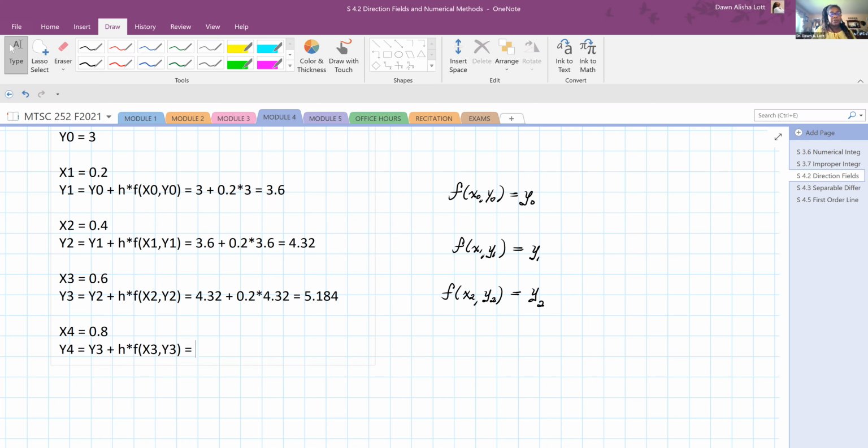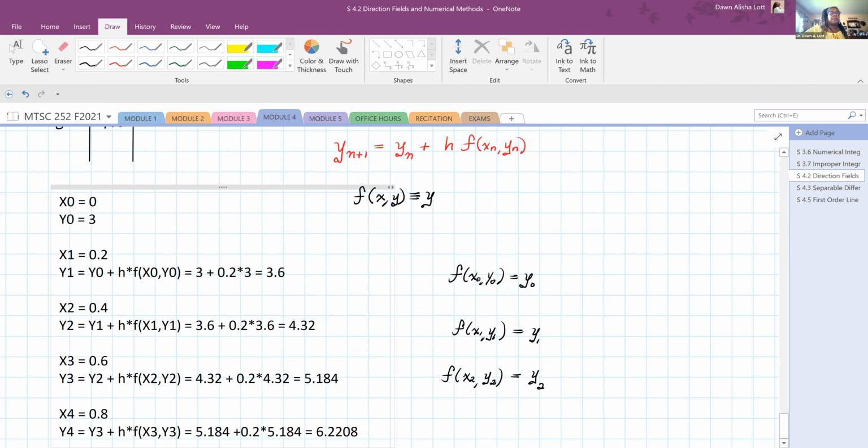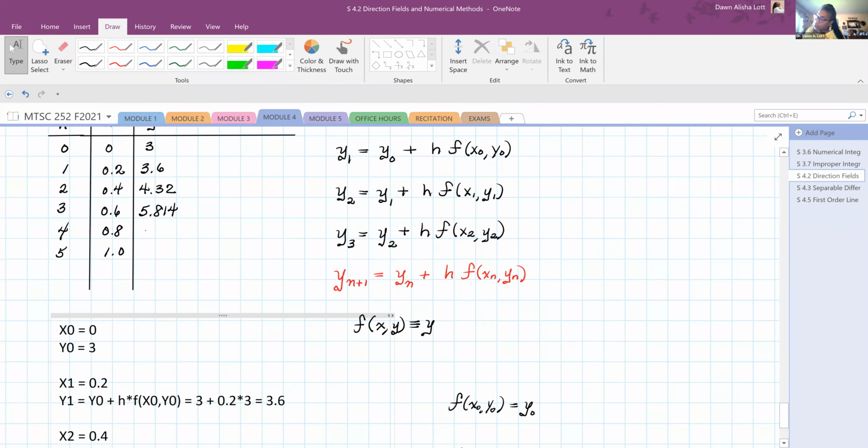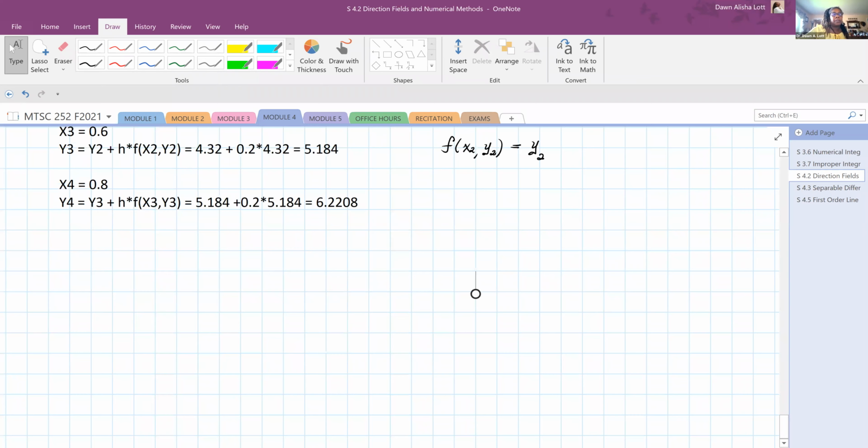So y3 was 5.184 plus h, which is 0.2, times f of x3, y3, which is just 5.184. That gives 6.2208.